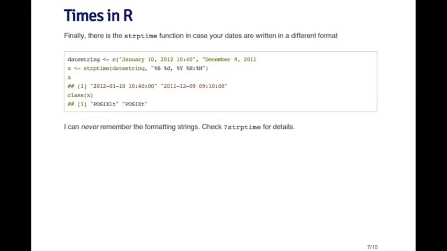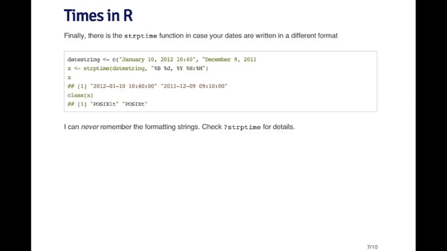So finally, there's the strptime function, which converts dates that are written in character string format into date or time objects. Well, in this case, it converts them into time objects. They use what are called format strings. So here I've got a string that says January 10th, comma, 2012, and then 1040, meaning hour 10 and minute 40.